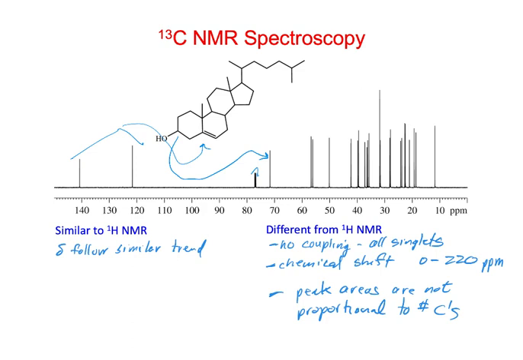So in general, in C13 NMR, we cannot integrate the peaks to determine the number of carbons. It doesn't give us any piece of information. Well, I think what we can do is if we know that we have carbons of similar type, hybridization, or the number of protons that are attached, we might be able to get a rough estimate of 1 to 2 or something like that.